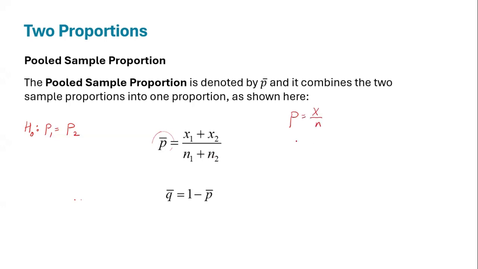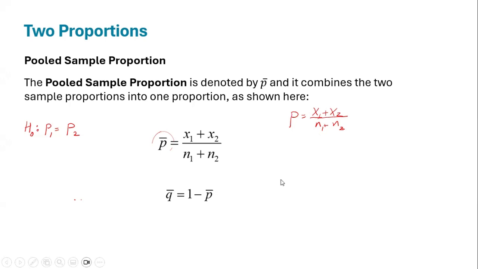When we have P bar as x1 plus x2 over n1 plus n2, we are combining the two proportions and we call it the pooled estimate proportion. And we use a pooled estimate proportion instead of using P hat 1 and P hat 2 or P1 and P2. And Q bar, again, is always 1 minus P bar.